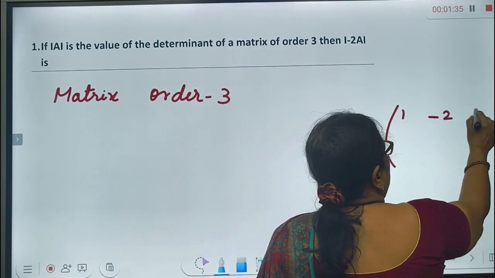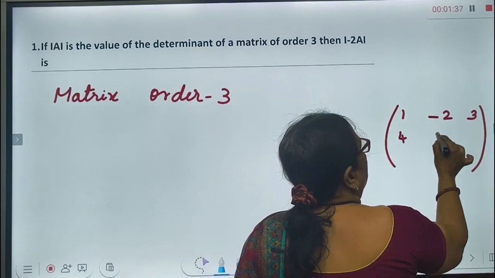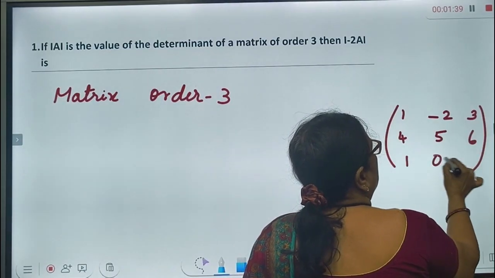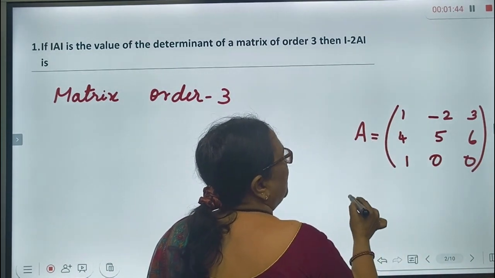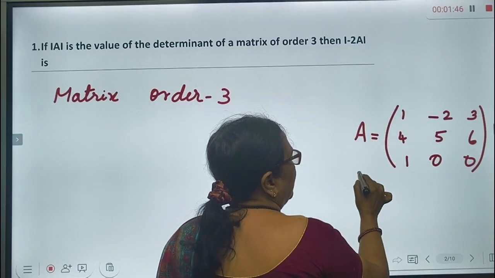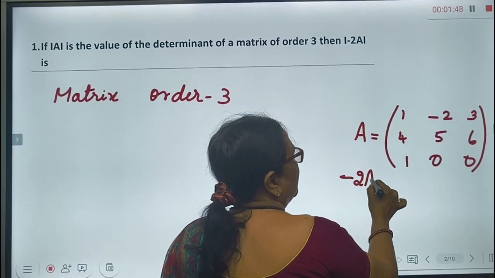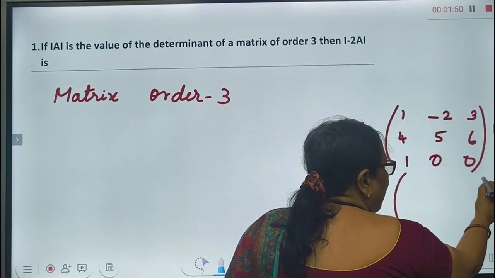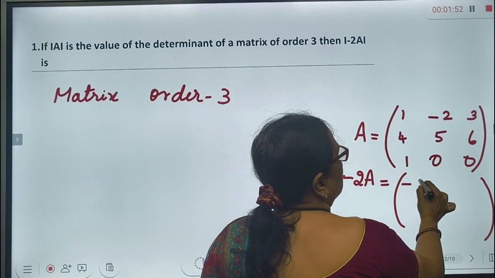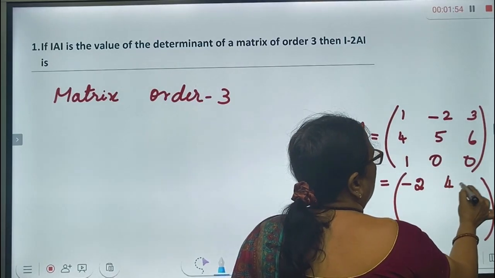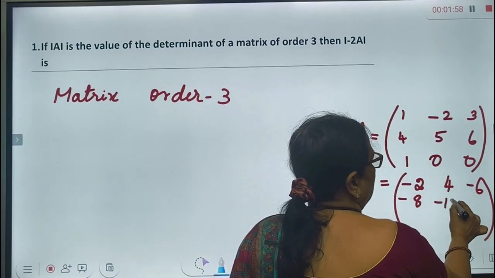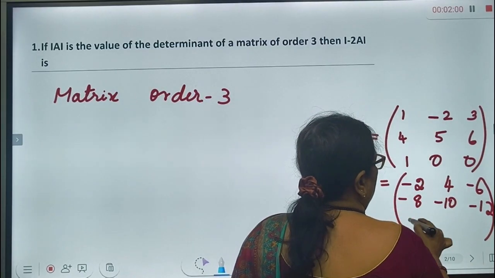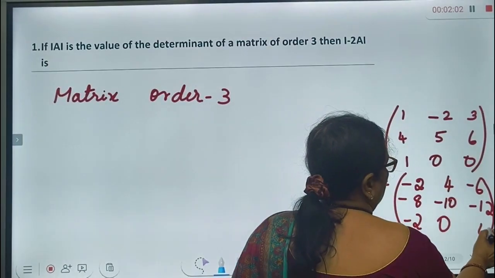So 1, minus 2, 3, 4, 5, 6, 1, 0, 0. Suppose this is A. If I multiply by say minus 2, minus 2A would mean I multiply every element by minus 2. So this will be minus 2, 4, minus 6, minus 8, minus 10, minus 12, minus 2, 0, 0.